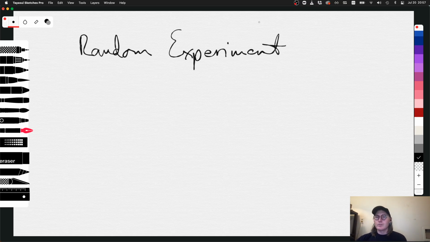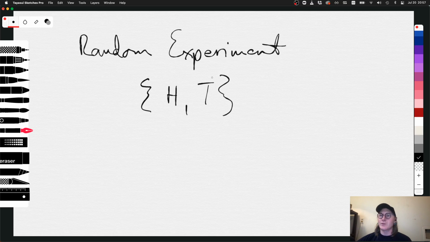We flip a coin, we roll a die. Let's use that flipping a coin concept. What is the set of outcomes for flipping a fair coin? It's going to be heads or tails. What's the outcome for rolling a four-sided die? It's going to be 1, 2, 3, 4.